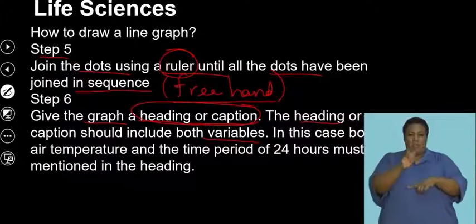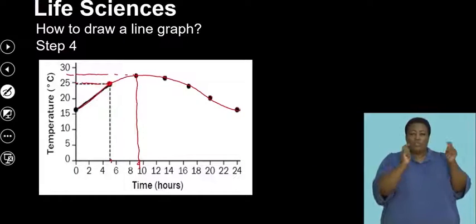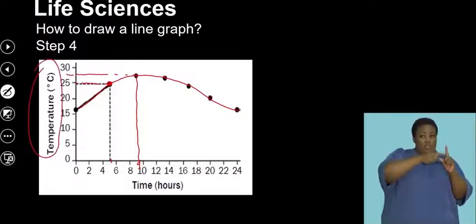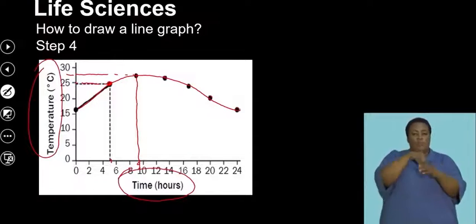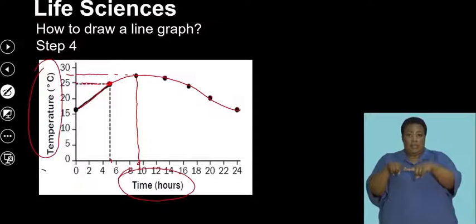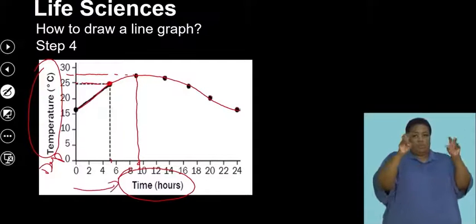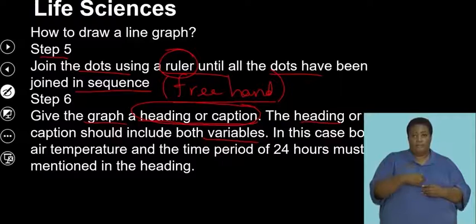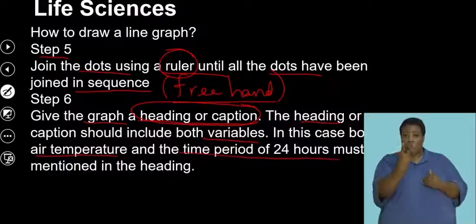If we go back to this graph, it's going to be a graph showing the change in temperature over a period of time. So I've included both the dependent variable as well as the independent variable in my heading. So let's look at that again. In this case, it's the air temperature, and the time period over 24 hours must be mentioned.